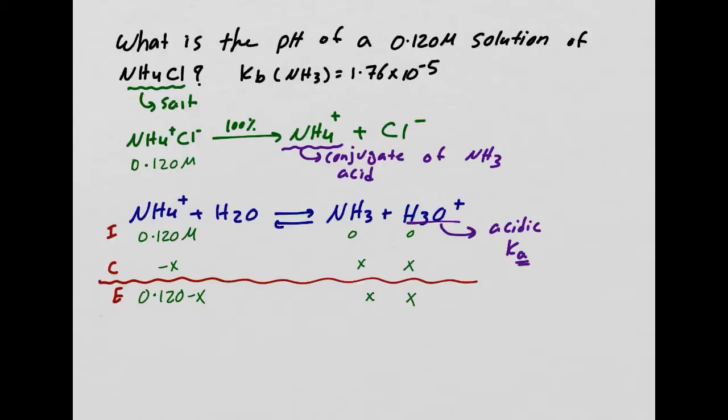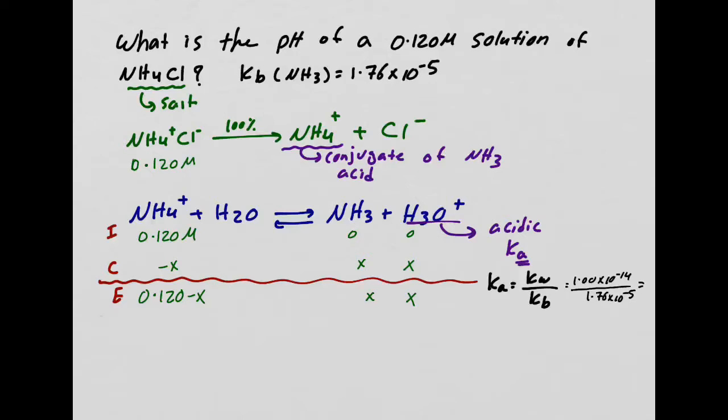The Ka is going to be Kw over Kb. My Kw is 1.00 times 10 to the minus 14. My Kb, given to you, is 1.76 times 10 to the minus 5.